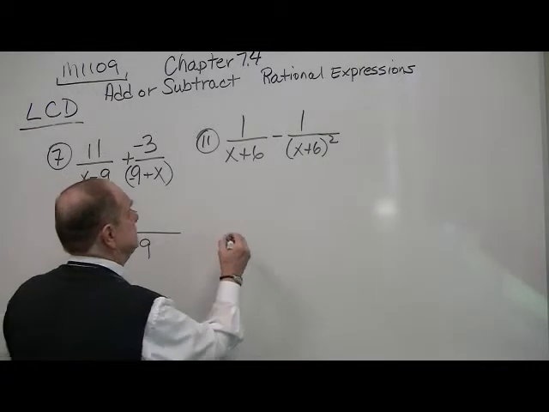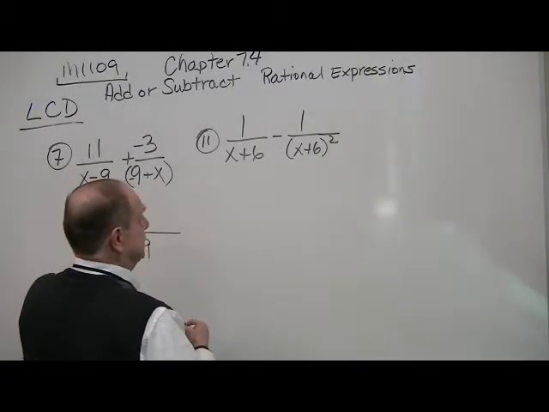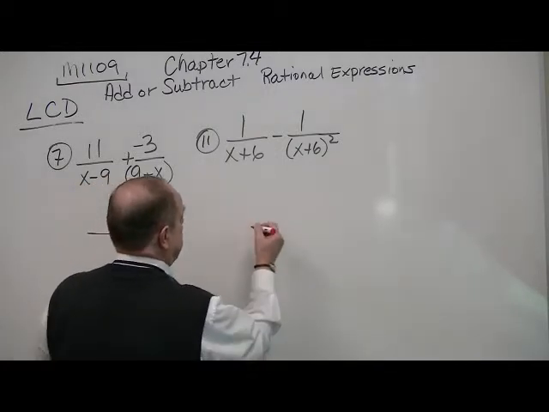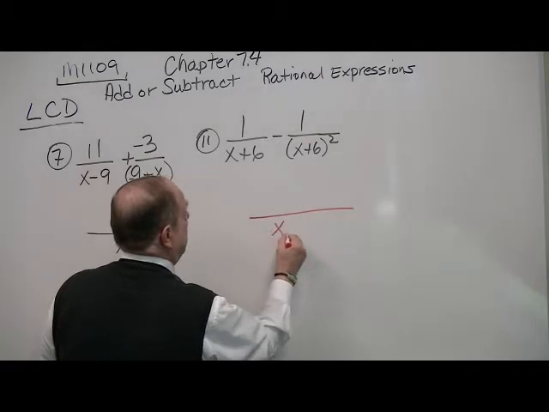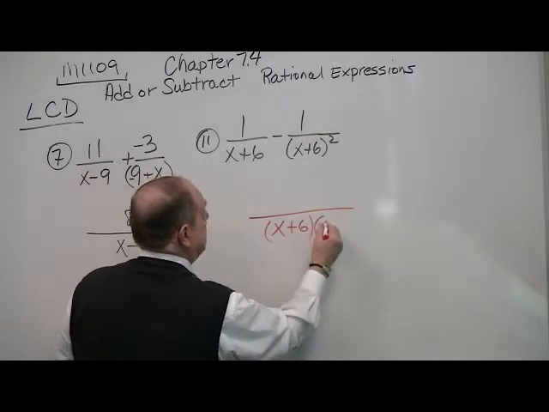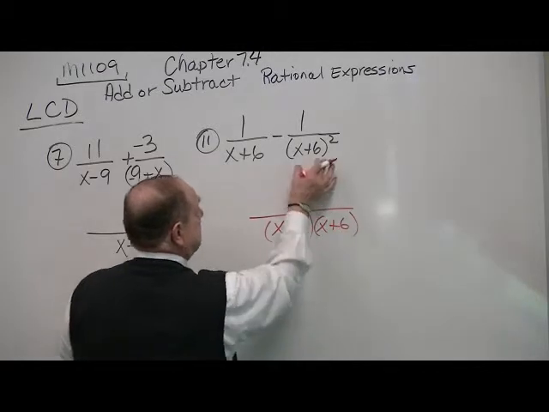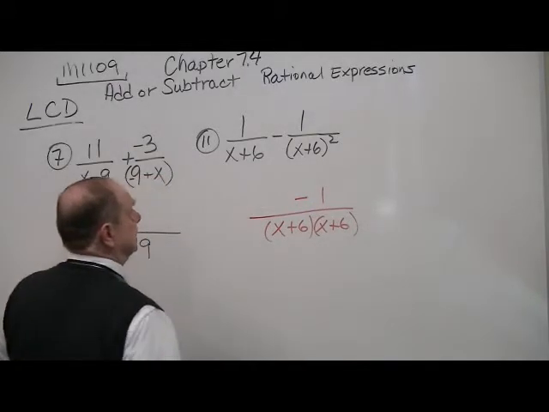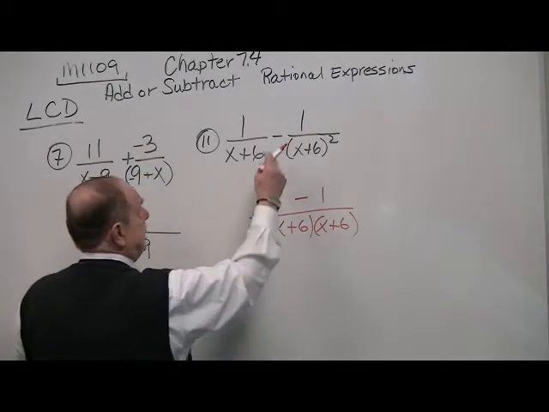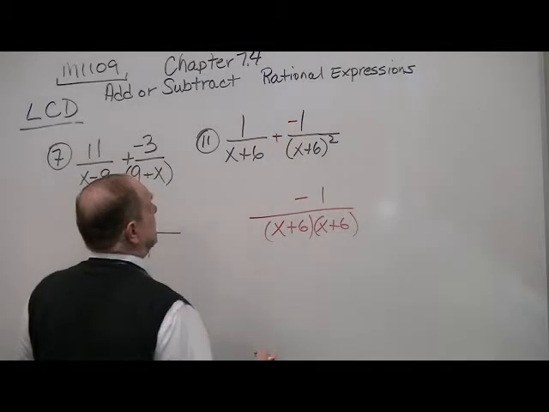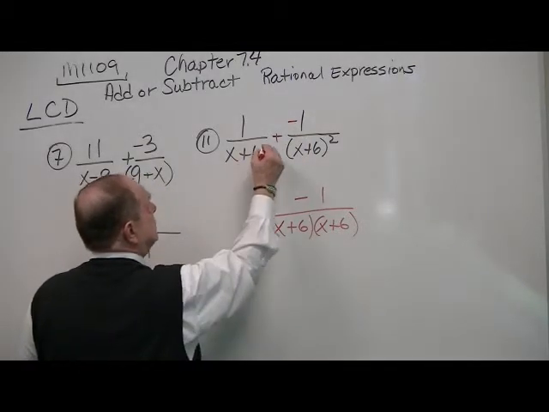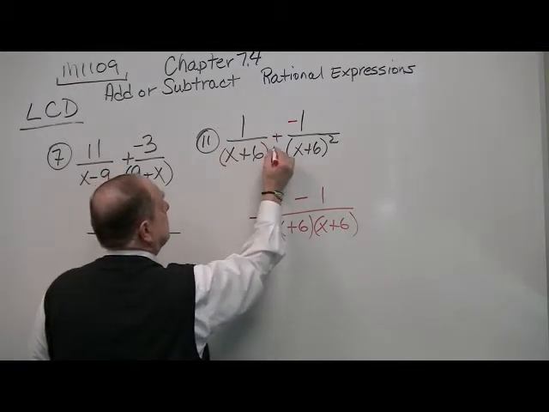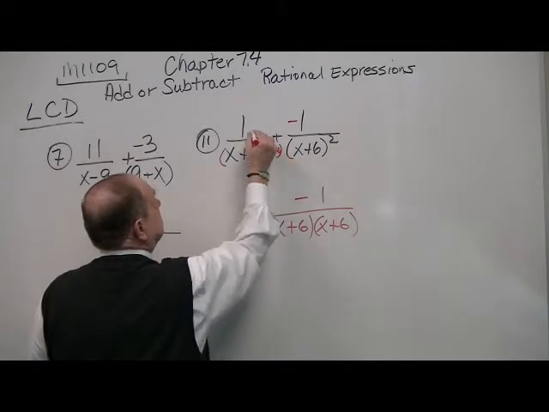Now for this one, your common denominator is going to be x plus 6, x plus 6, which is what that is. And this is going to be minus 1 up there. And this one, we had to multiply it by an x plus 6.